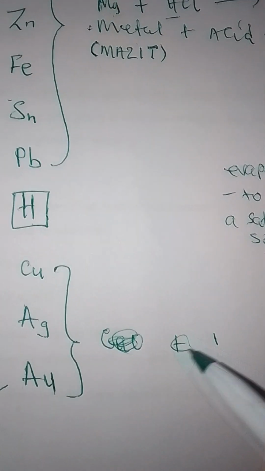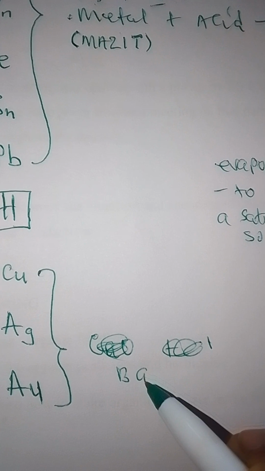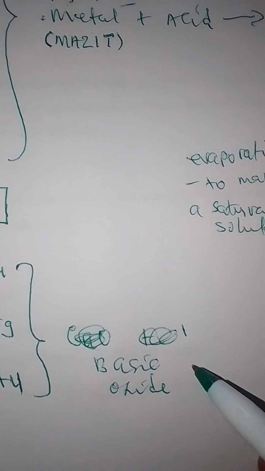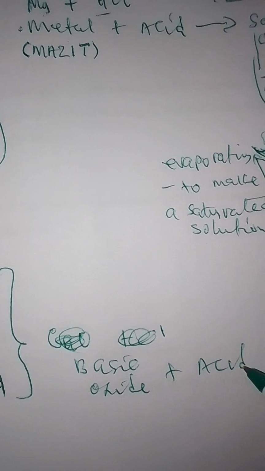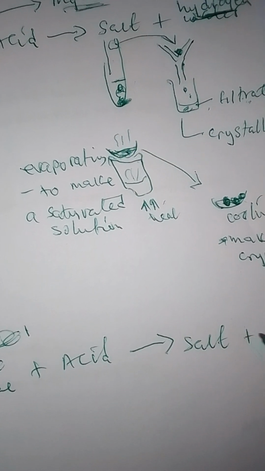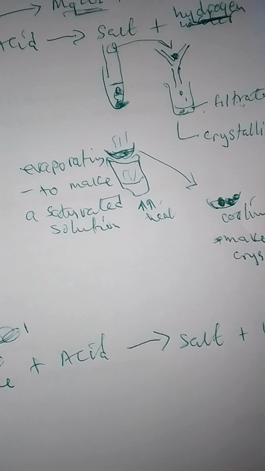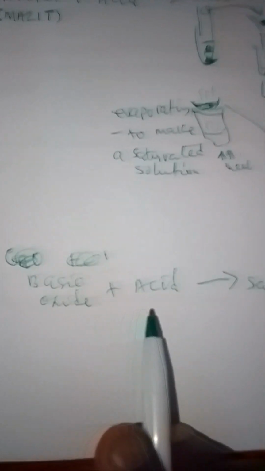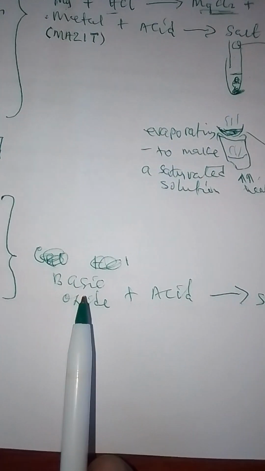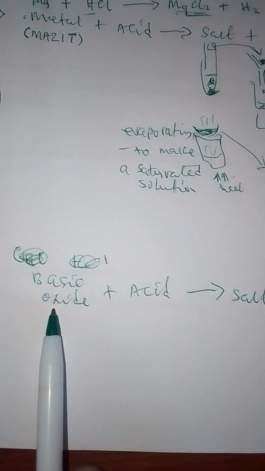So here, let me just write it. You say basic oxide plus acid will give us what? The salt plus the water. Or you can just say base plus the acid will give us salt plus water. When you say base, we are talking about those bases that do not dissolve in water.